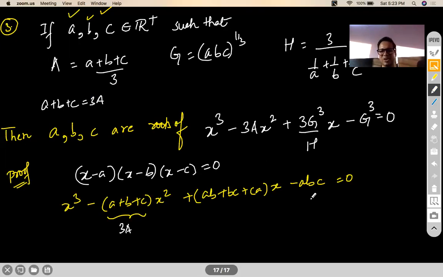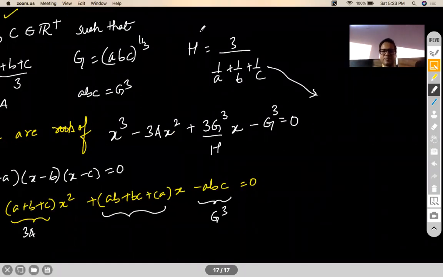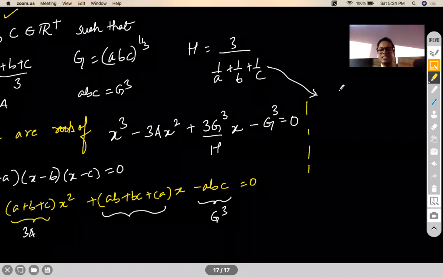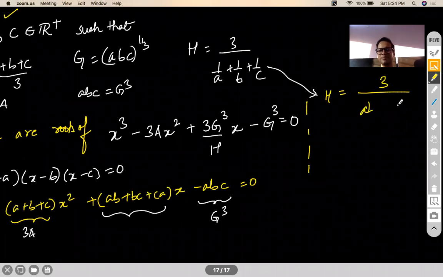Also, abc is actually G cube, so this can be replaced with G cube. Now what about ab plus bc plus ca? For that, let's come to the H expression. H is equal to 3 by (ab plus bc plus ca) by abc, correct?